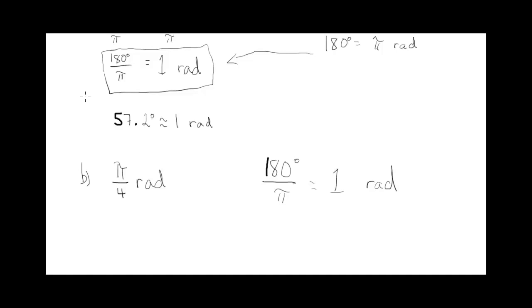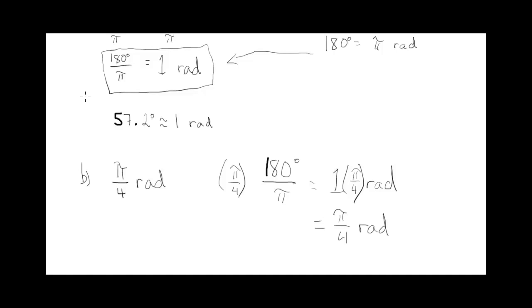If I want to figure out what pi by 4 radians is, I just need to multiply the 1 by pi by 4. So I multiply both sides of this equation by pi by 4. 1 times pi by 4 is obviously pi by 4.